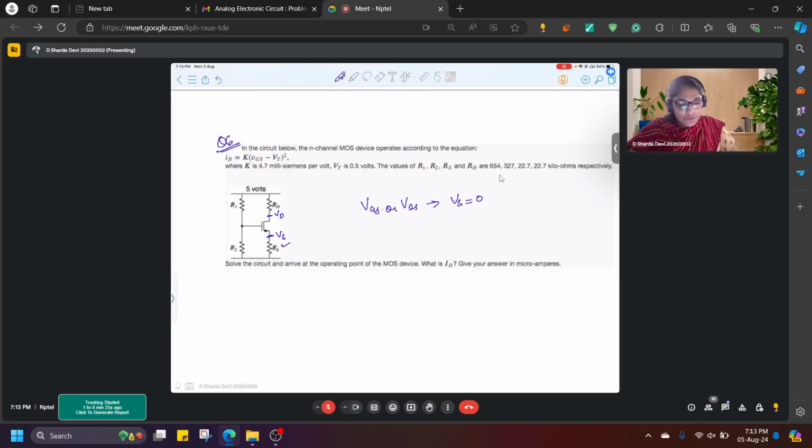So in this problem, now let's see how to solve this problem. And you will also see the importance of these resistors, like RD, RS, and how things change.